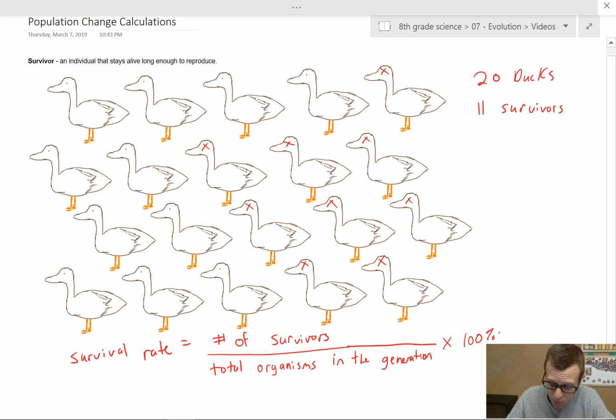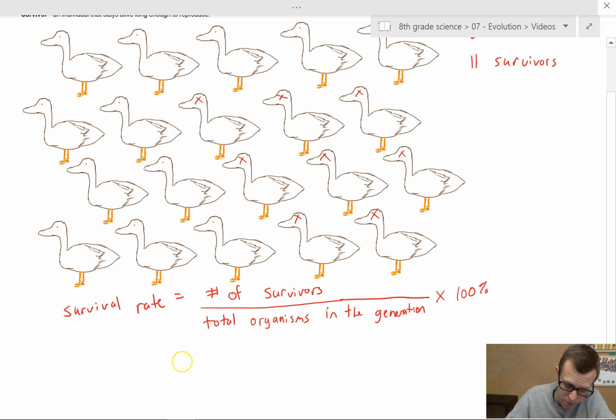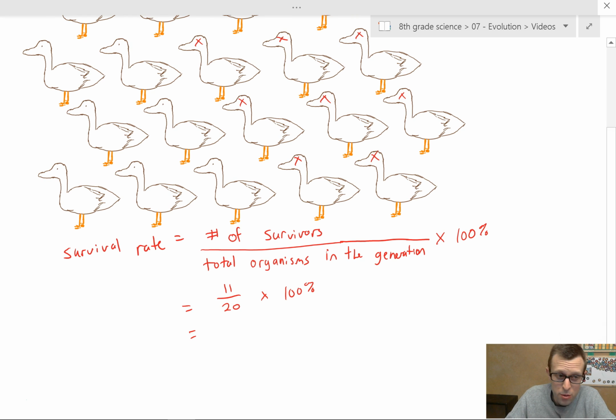So the survival rate for these ducks would be 11 over 20 times 100%. And let's see, 11 over 20, that must be 55%. A 55% survival rate.